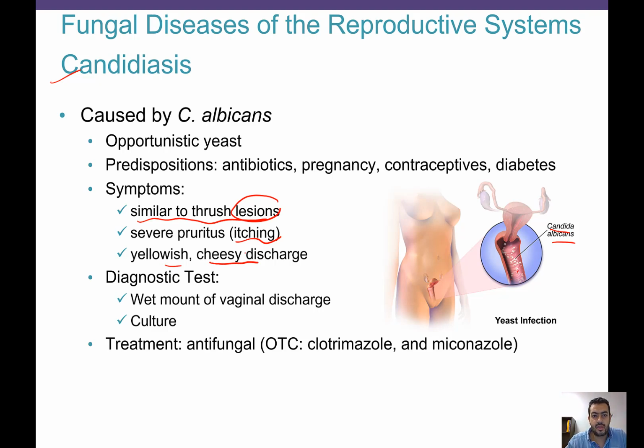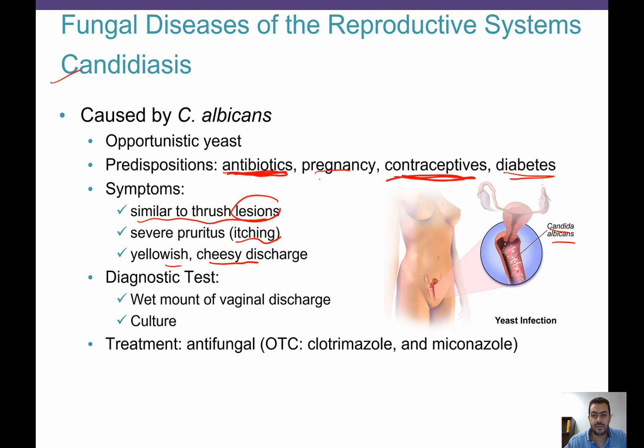So what are the predisposing factors? Number one is antibiotics, especially broad spectrum antibiotics, as you know, because they remove the normal microbiota that lives in the vagina, the lactobacillus. And also hormonal estrogen levels, so things like pregnancy, contraceptive pills, and also diabetes.